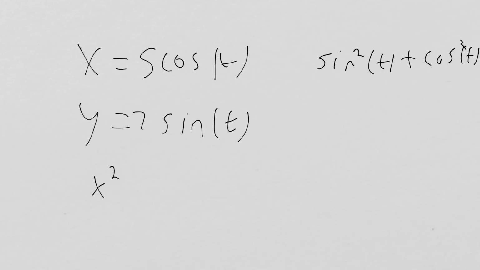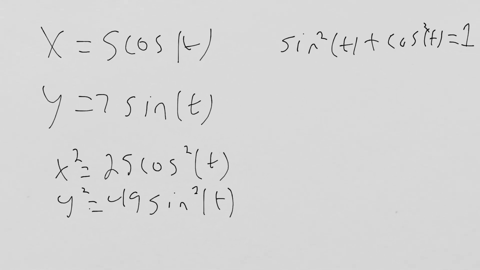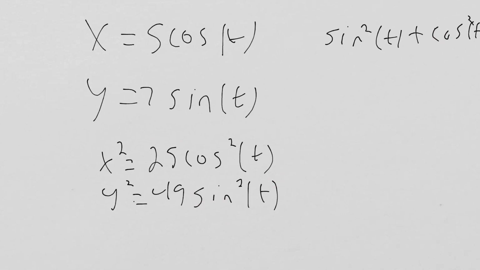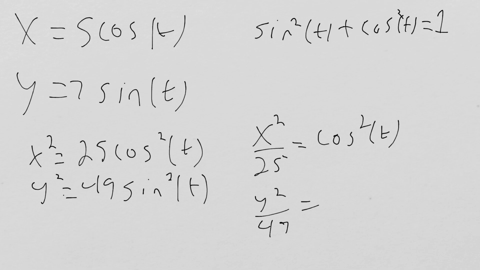So we have x squared is 25 cosine squared. y squared is 49 sine squared. Okay, so then again, we don't have 25, 49 in our equation over here. We only have these, so we need to isolate them. So we get that x squared over 25 equals cosine squared, and y squared over 49 equals sine squared.